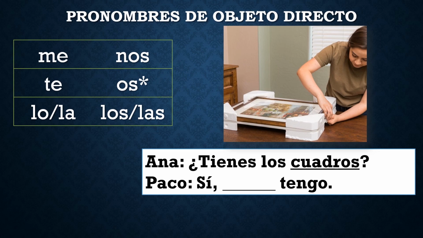Do you have the pictures or the paintings? Sí, los tengo.